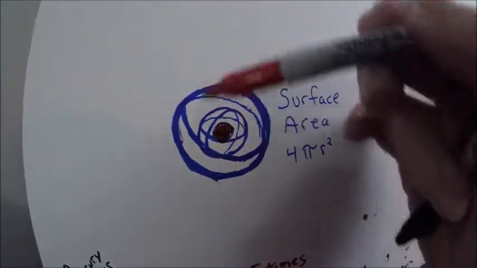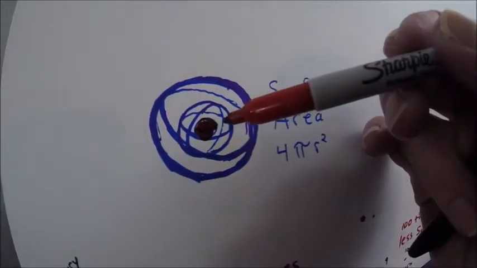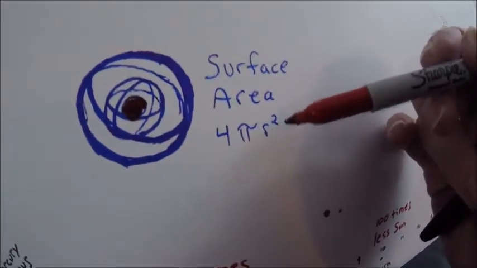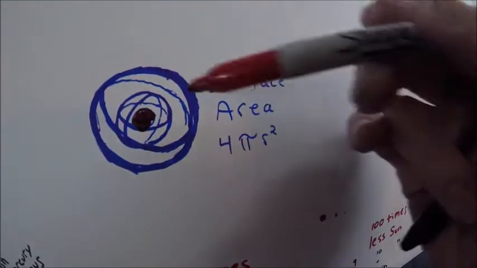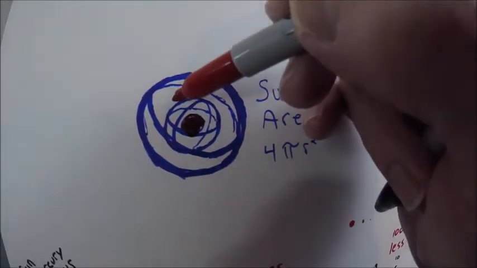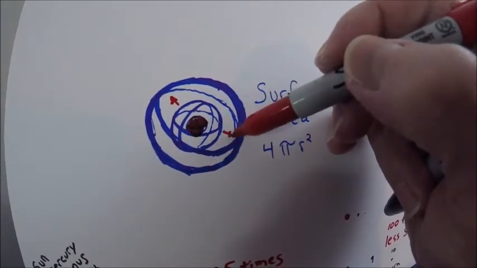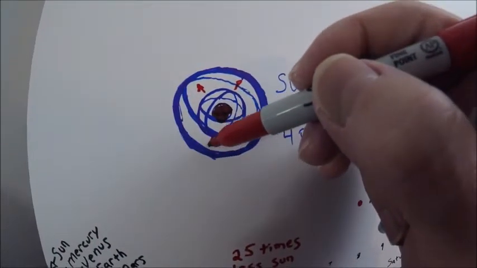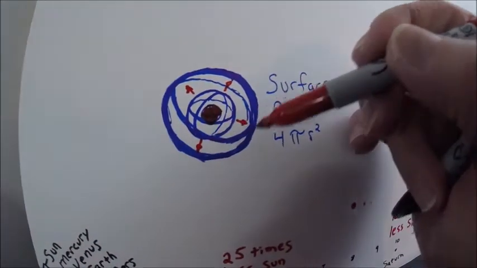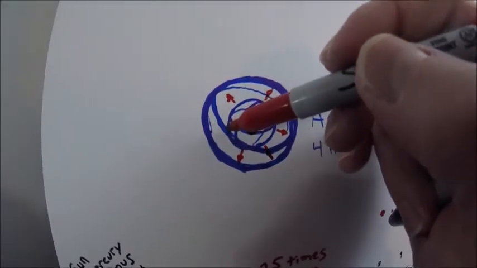So the surface area of the sphere is 4 times as much. You have to square the radius to get the surface area. And since the light comes out in all directions, it is lighting up the sphere relatively evenly, aside from any issues with the poles of the star.